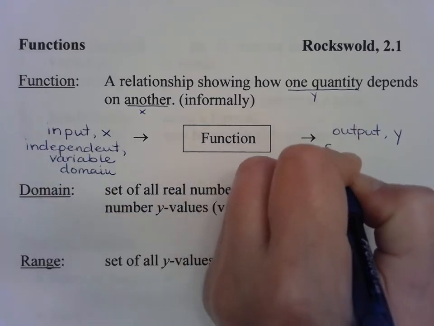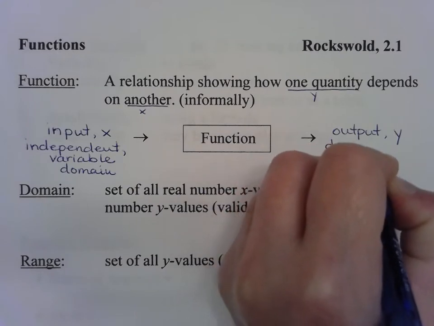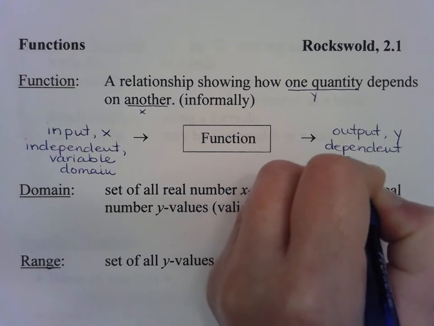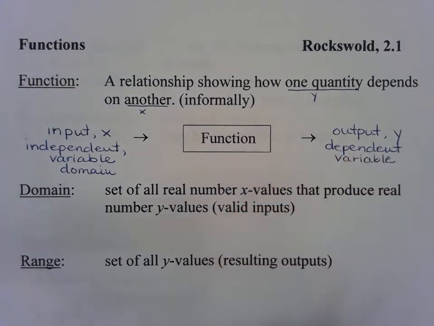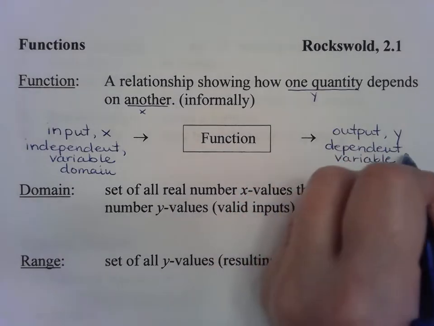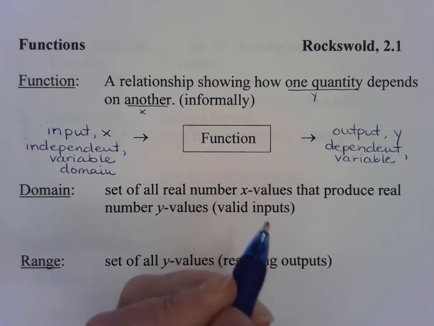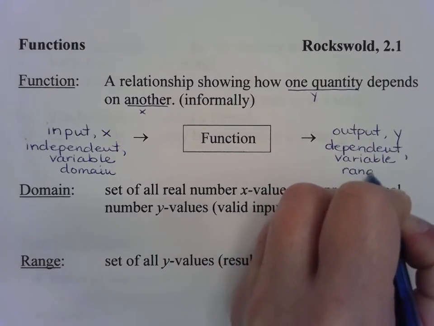So for that reason, the Y is called the dependent variable. The Y that we get depends on the X that we started with. And the set of all Y values together is called the range.